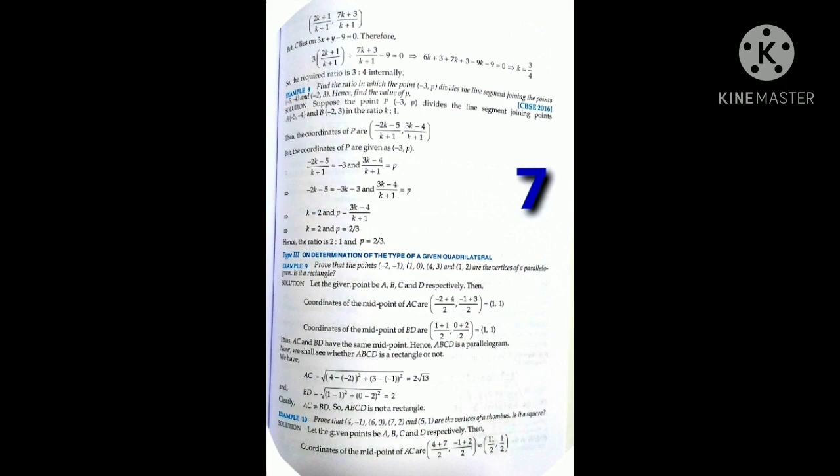Right? Now, the second part is we have to prove whether it is a rectangle or not. Now, a rectangle is a parallelogram in which the diagonals are equal. So, using the distance formula, we will find AC, which comes out to be 2 under root 3.